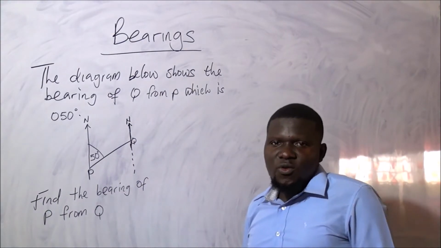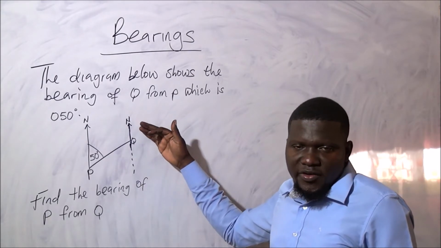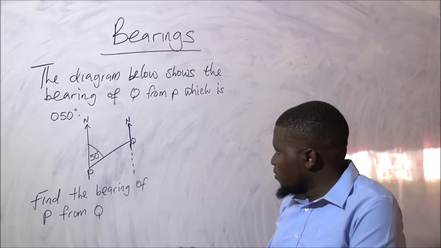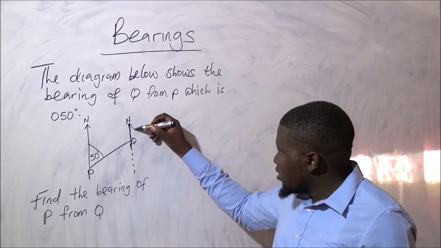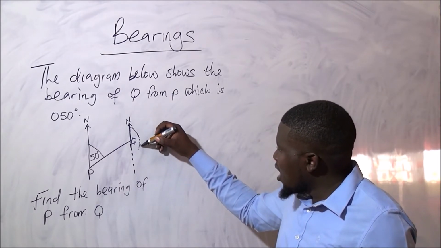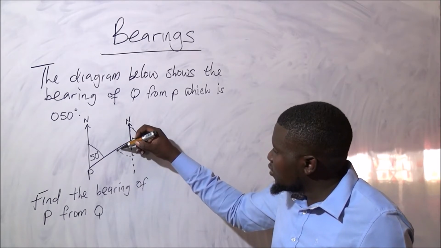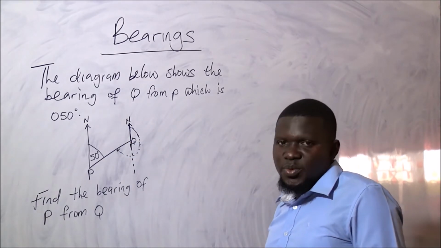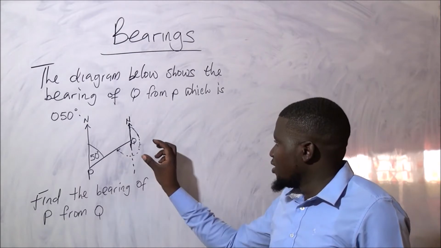And we said bearings are measured in a clockwise direction. From here we move clockwise, now moving from this Q to P, and we want to find the angle there.